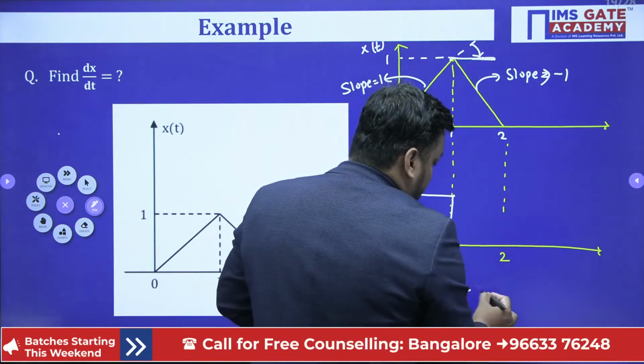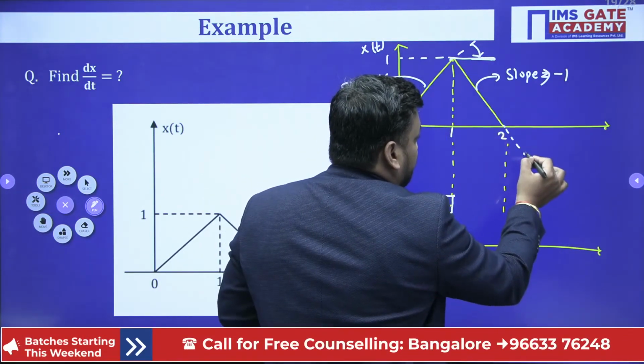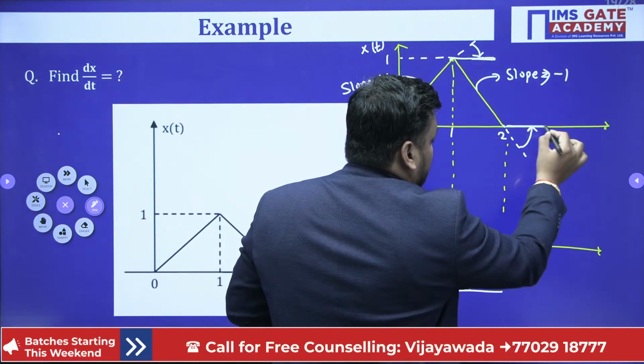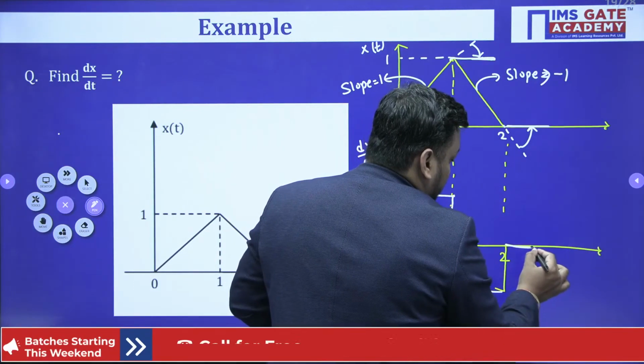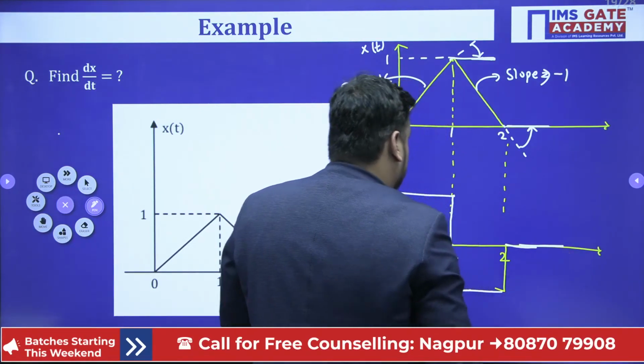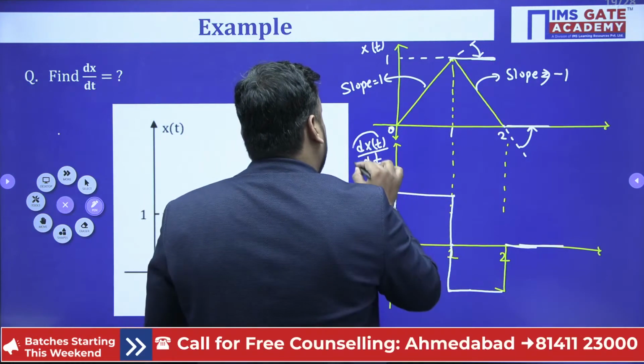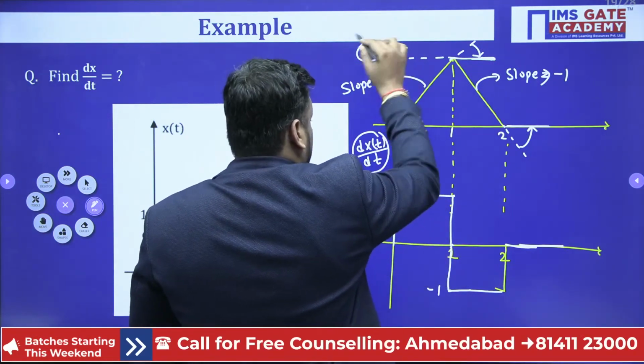After that this line becomes a constant line, so 0 only. So this is my dx(t)/dt, and this is my x(t) only.